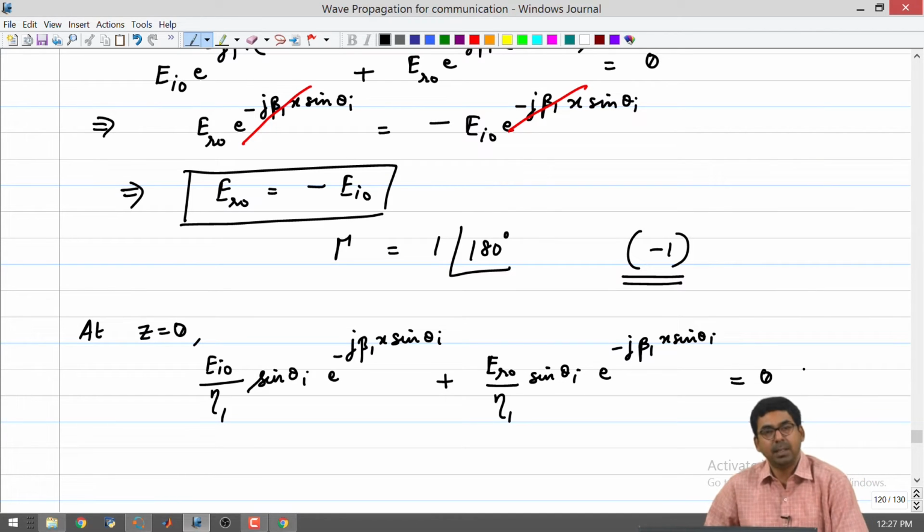I have just taken the expression, substituted z equal to 0, and I am just writing the remaining terms that I am having over here, and I am using only the normal component. Normal component is only the z component in this case, so I am taking only the z component.